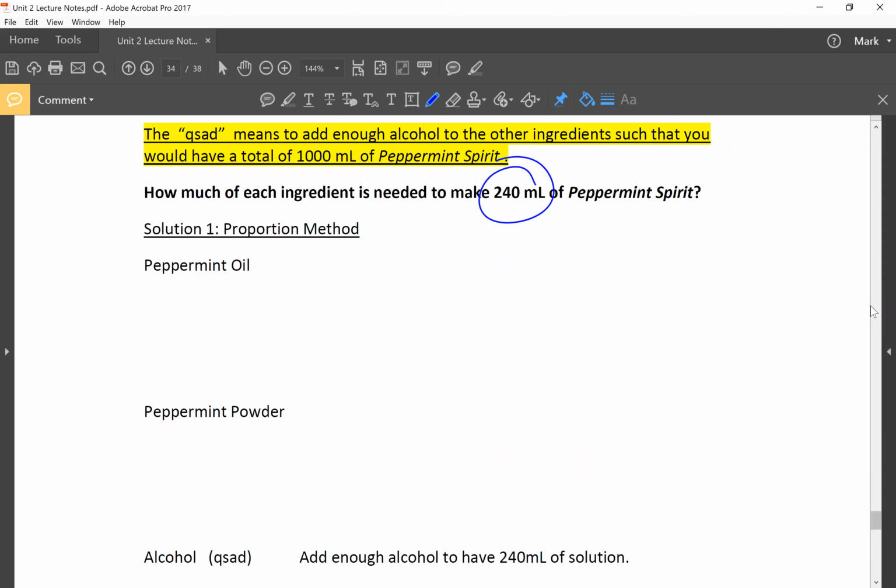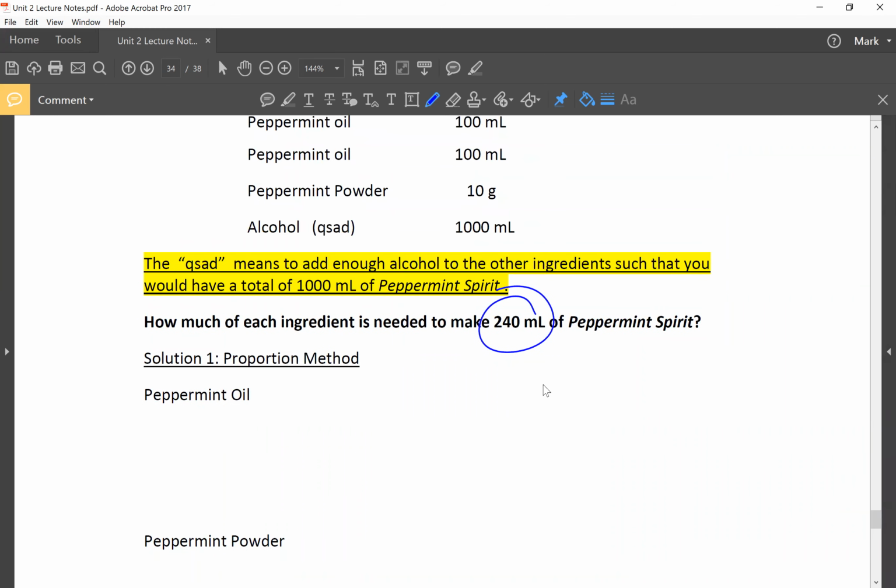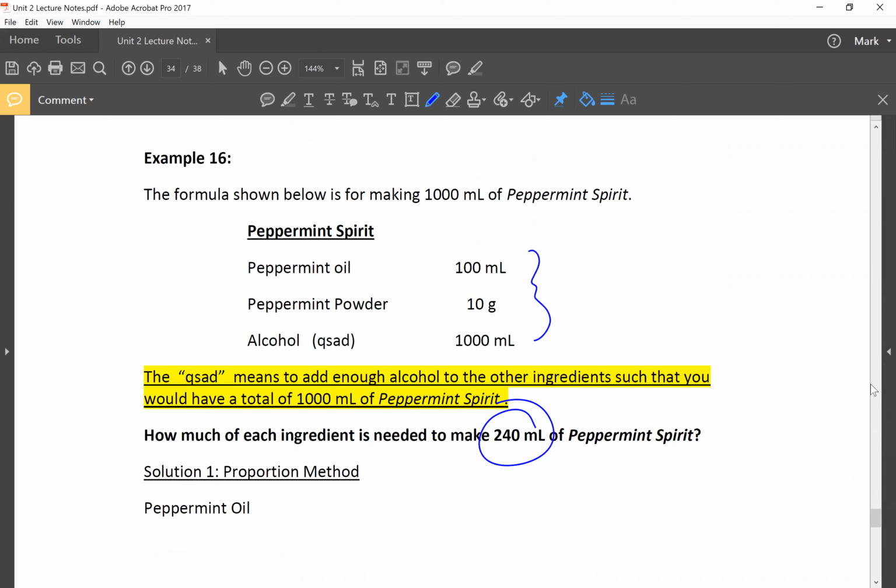Okay, so I want to make 240 milliliters of this. I need to convert the entire recipe. So think about this recipe. All of this is per 1,000 milliliters. Well, I guess I shouldn't say all of this, because really we're adding the alcohol to make up the final amount.